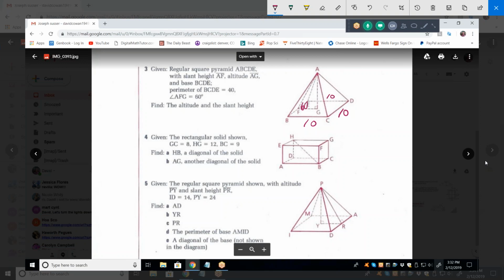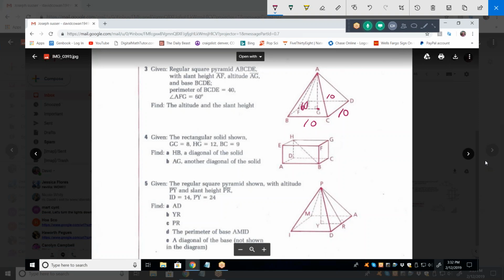Correct. And not only that, you know that G is at the center of that square because it's a regular square pyramid. So if you drop a perpendicular from A straight down, it ends up in the center of the square. Okay.